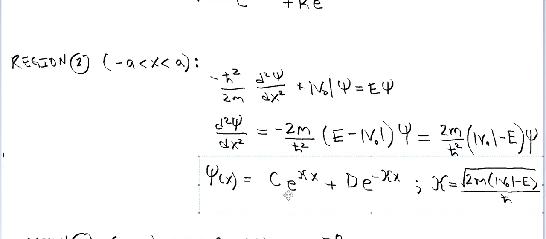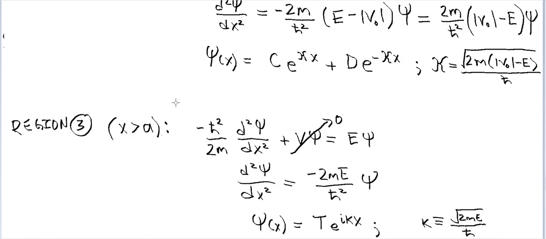Psi of x is just equal to Ce to the kappa x plus De to the minus kappa x, where kappa is the square root of 2m times quantity V naught minus E over h bar squared, or in the numerator, square root of 2m quantity V naught minus E, in the denominator, just h bar. Yay? We're happy with this. Convince yourself that you're happy with this before you move on.